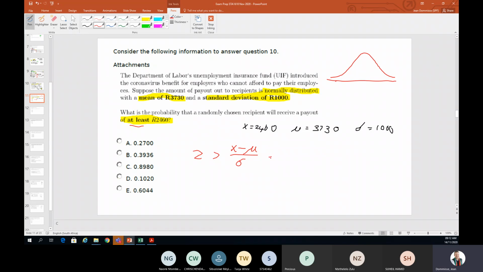Okay, so let's quickly check. X, we've got 2460 minus 3730.